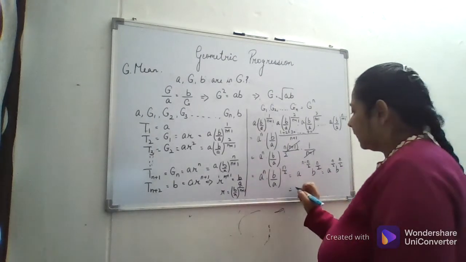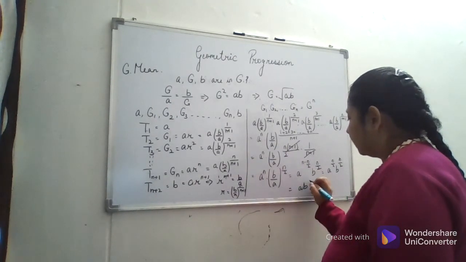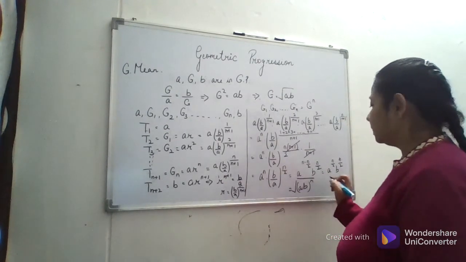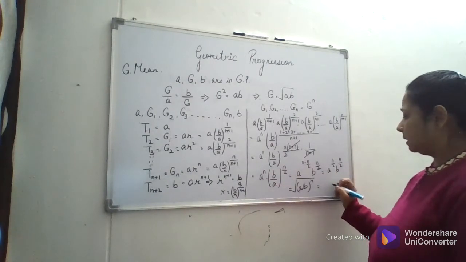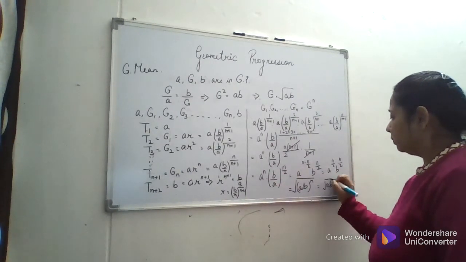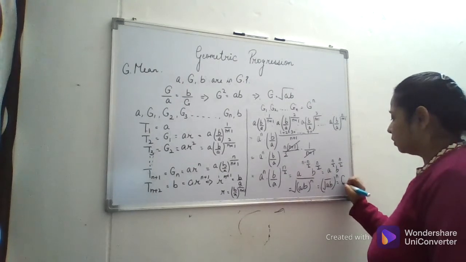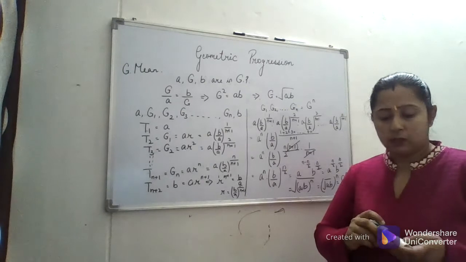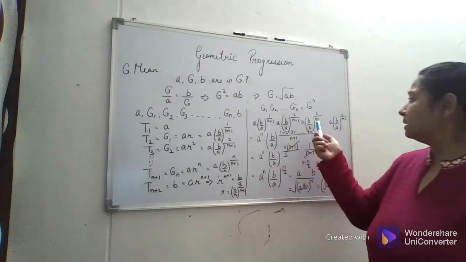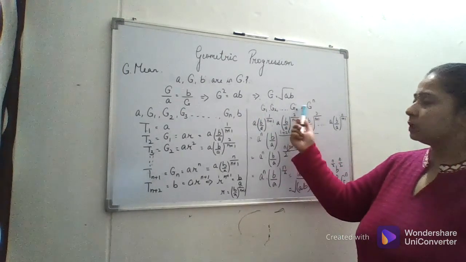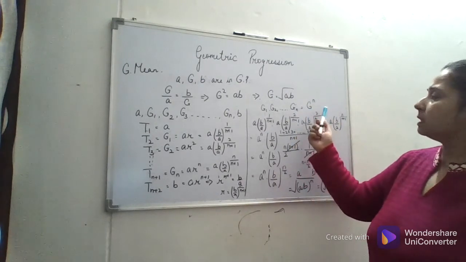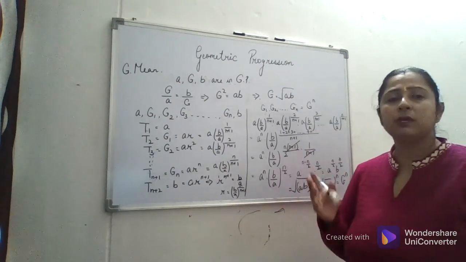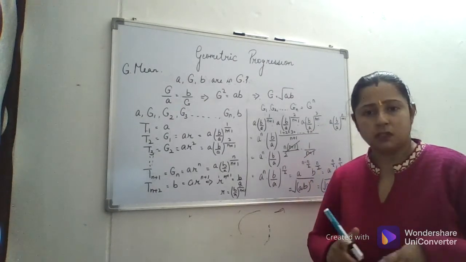This can also be written as square root of AB raised to power n, that is nothing but the nth power of the square root of AB, that is your Gn, and that is your right hand side. So from here we can deduce that this product of n geometric means is equal to the nth power of one single geometric mean that you find between any two numbers which are in GP.